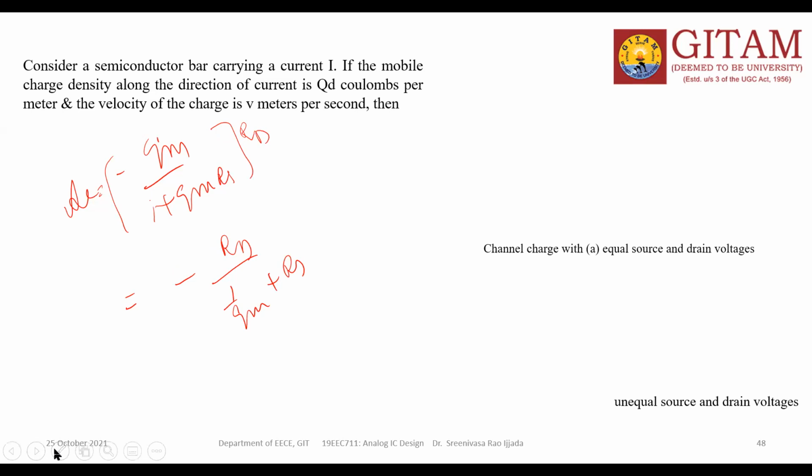From the denominator term, what can we understand? It is nothing but a resistance. 1 by GM plus RS means the resistance seen from the source side is equal to the series combination of 1 by GM and RS.